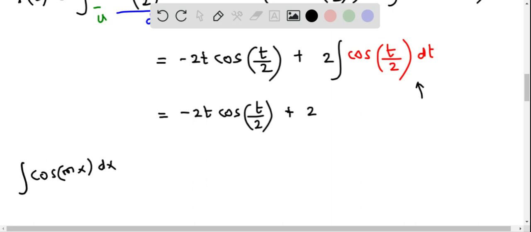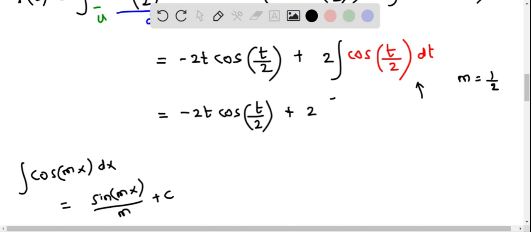If we have to integrate cos of mx, this equals sine of mx over m plus the integration constant.